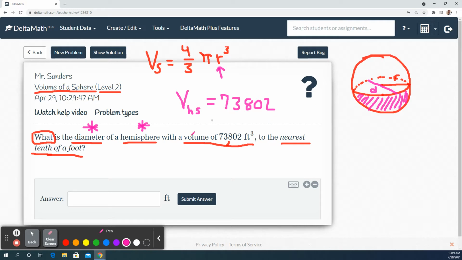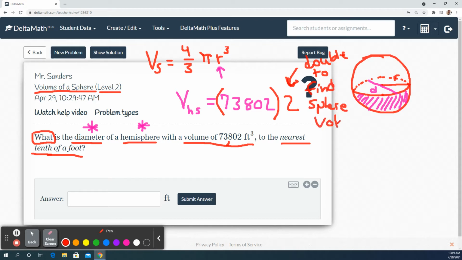So let's go ahead and we're doubling. So I'm doubling to find the sphere. Because this is a hemisphere volume, if I double it, it will be the sphere volume.